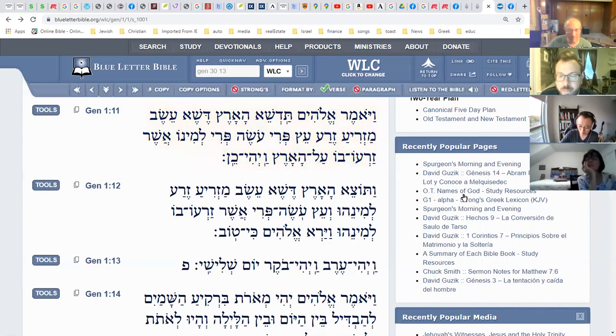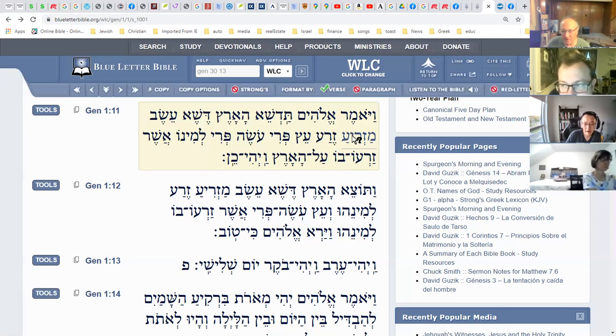With a mem in front, yeah. Now, does the yud interrupt the root? We're going to see the yud is the conjugation. It's part of the hifil and the piel.